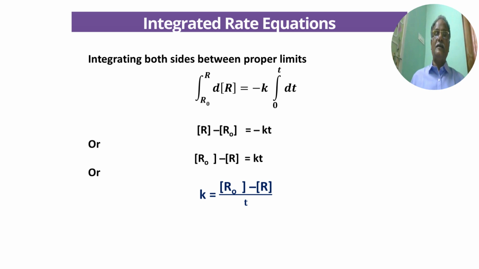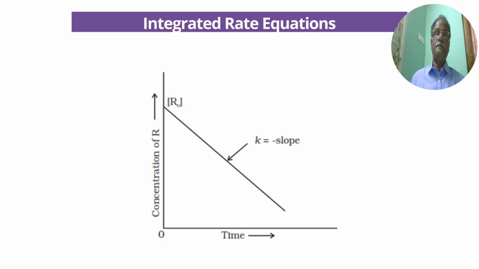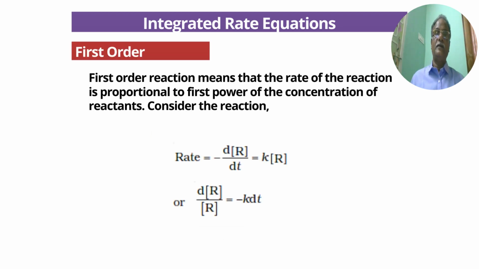So here, for a zero order reaction, k is equal to initial concentration minus final concentration divided by t. This is the plot obtained from the integrated rate equation for a zero order reaction.